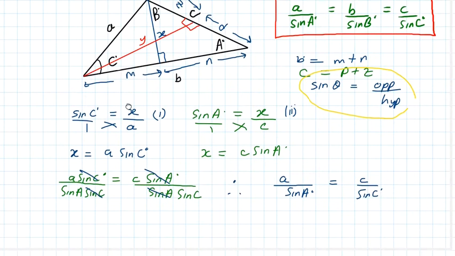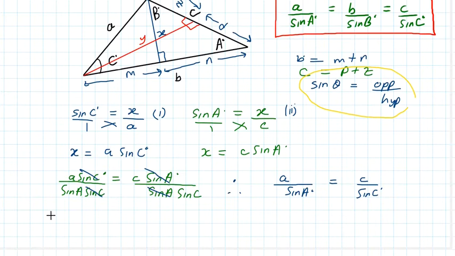So let's start with this angle. This is our angle, so we start with A, right? This is its opposite, and this is its hypotenuse now. So let's start with A.